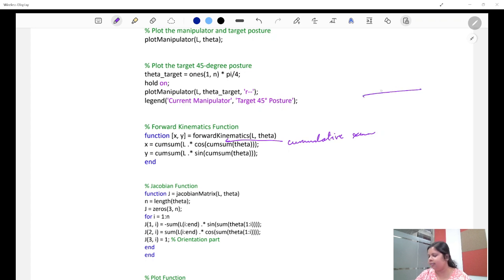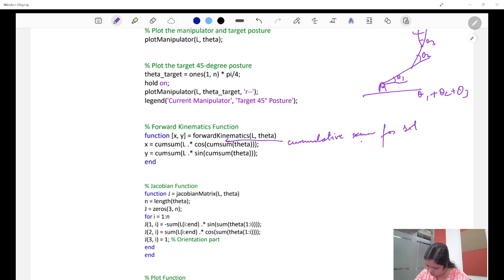You know this, right, that if this is theta 1, this is theta 2, this is theta 3, then the total orientation by which the robot's end effector has moved in a planar setting is theta 1 plus theta 2 plus theta 3. You know this already, right? So this basically helps in computing the cumulative sum of all the angles to get the total rotation of each link.